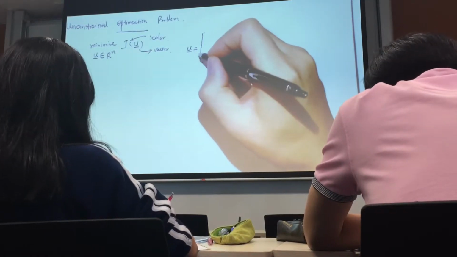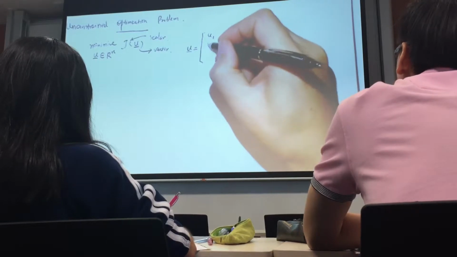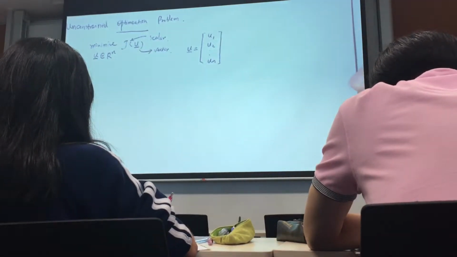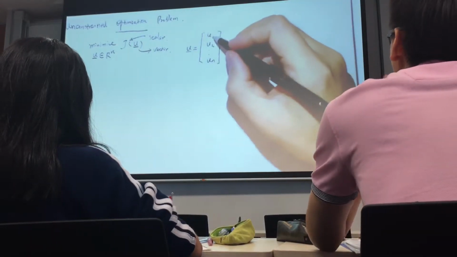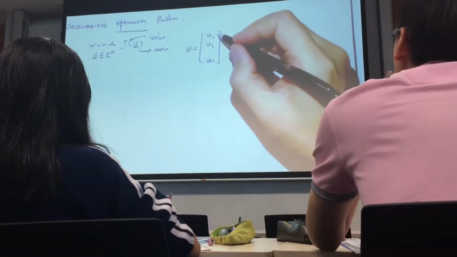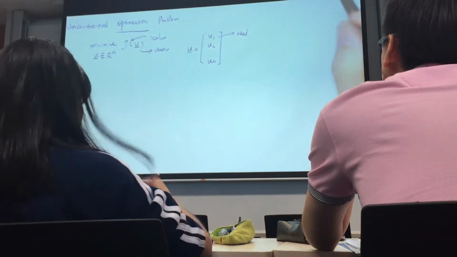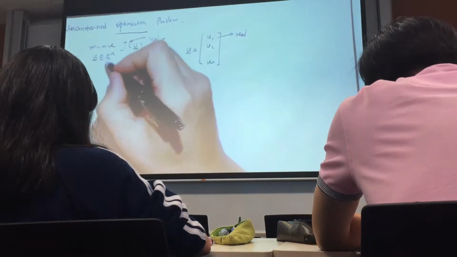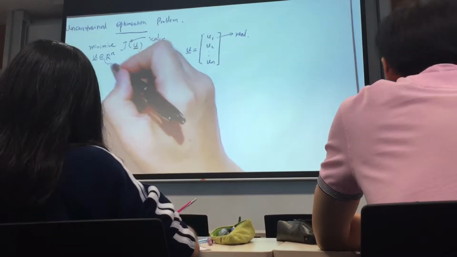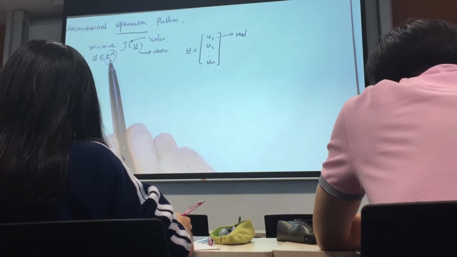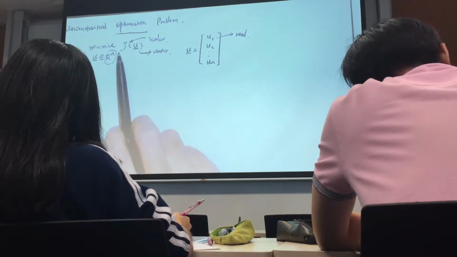Typically, we define this u to be the column vector u1, u2 up to un. And all these components are real. That's why we define the meaning of this R^n. So it's an n-dimensional real space.